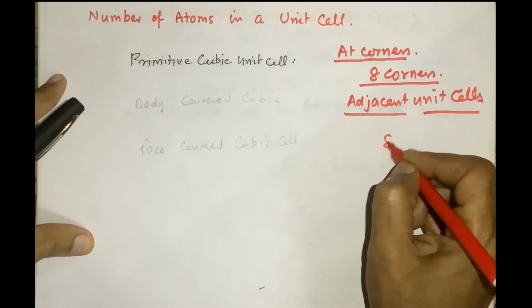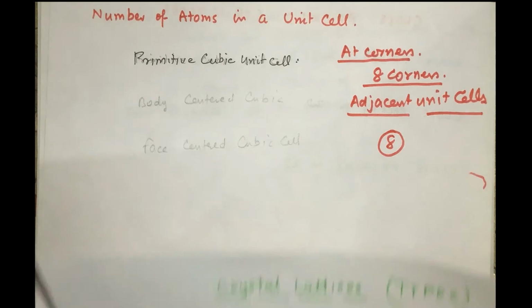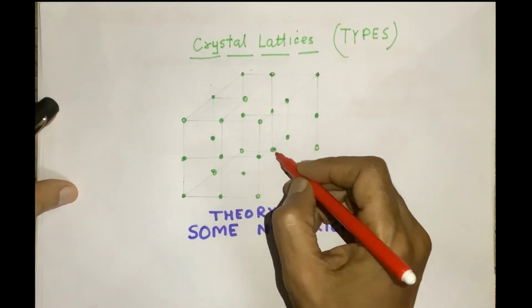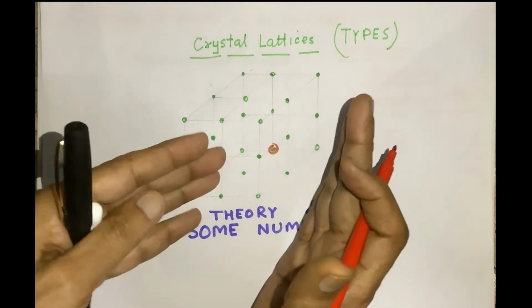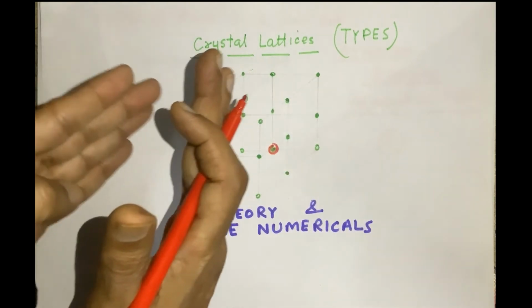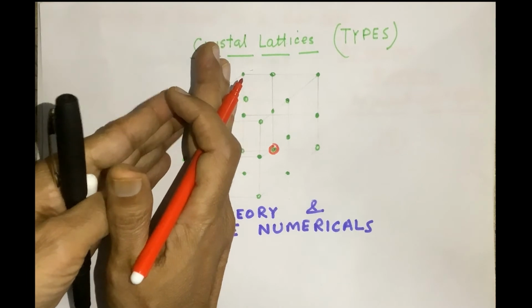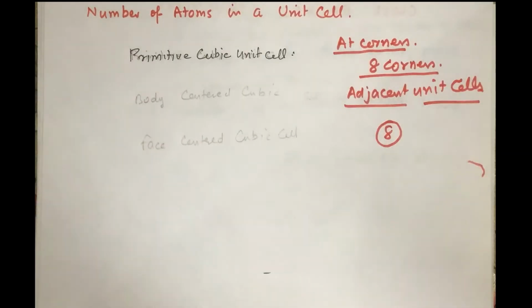There are 8 adjacent unit cells which are shared by each particle. Now see, if we consider this particle, this is shared by 4 of the adjacent unit cells at this side and 4 adjacent unit cells at this side, left and right. So there are 8 adjacent unit cells.